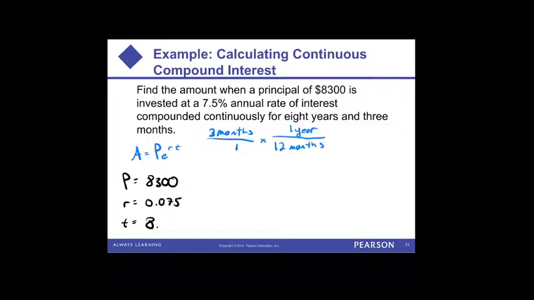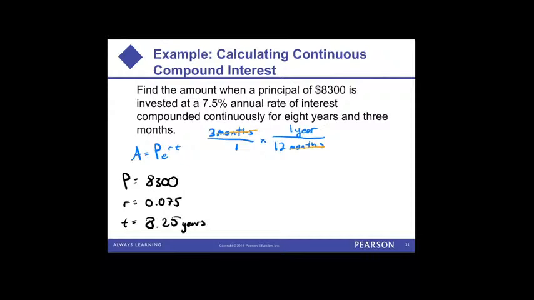You want the units to cancel. So the units of months here cancel the units of months here, and we're left with our desired result of years. 3 divided by 12 is what? 0.25. So then 8 years and 3 months is 8.25 years, right? So we had to convert months to years and get all of that in terms of years.